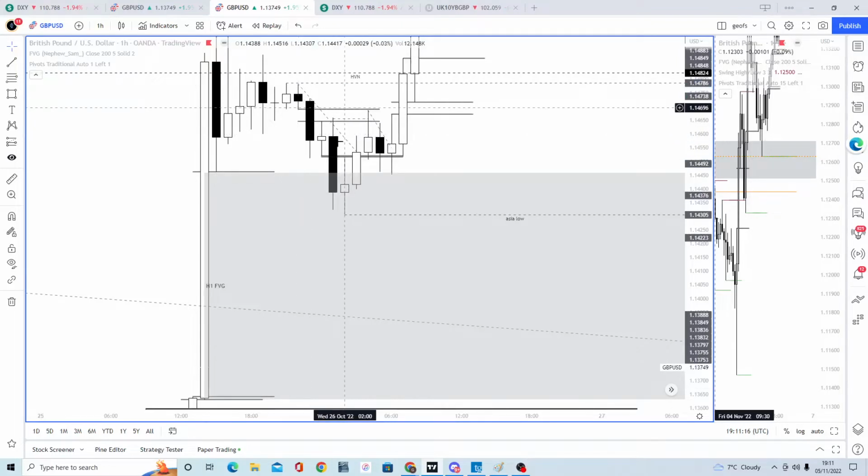So we have our up bias. We have this huge H1 FVG Asia low here, and we're going to be trading in the morning around here. H1 FVG, if you remember, is a trading zone.